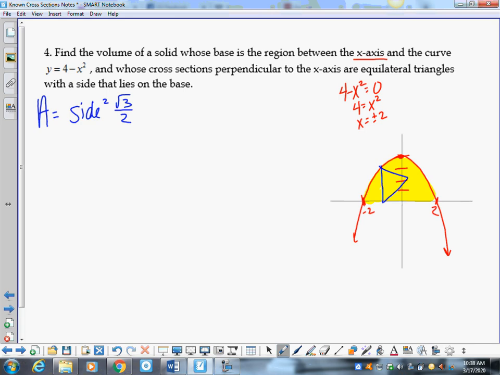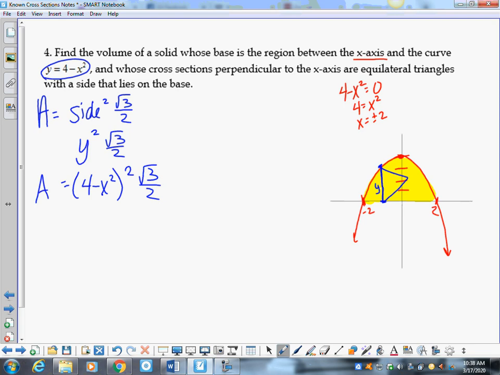Well, a side for this equilateral triangle is the distance from here to here, which is y. So y squared root 3 over 4. But I don't want y's, I want x's because I'm slicing vertically. And y is 4 minus x squared. So (4 minus x squared) squared times root 3 over 4. So there's my area.